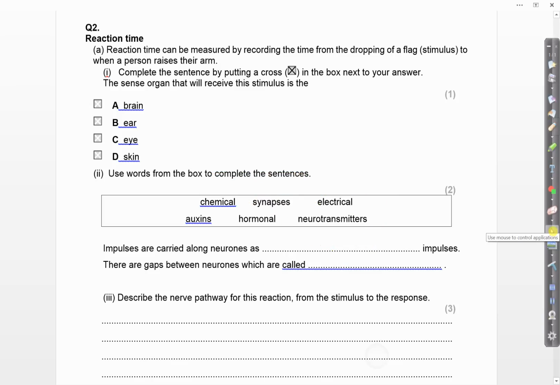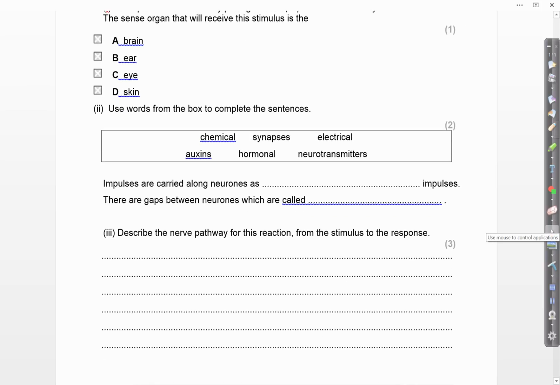So we now come to a 3-mark question. It's a describe question. Describe the nerve pathway for this reaction from the stimulus to the response. So this reaction, stimulus to response.